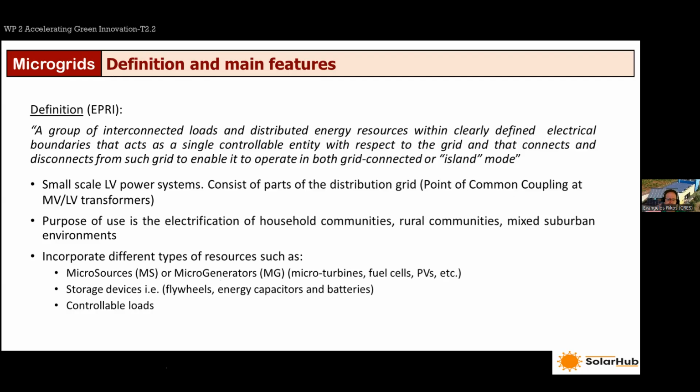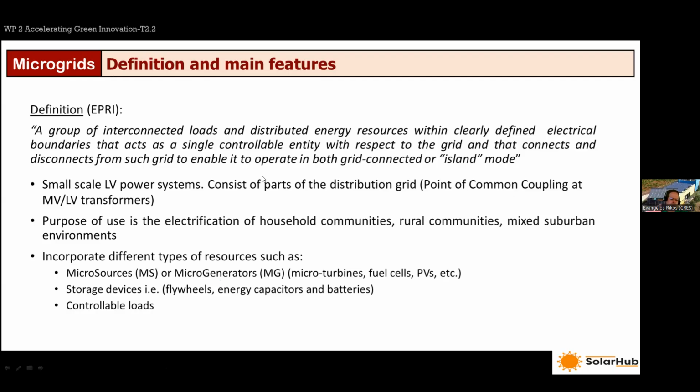And the microgrids have also this capability of going into island mode when necessary, separating themselves from the distribution grid in order to improve the reliability of the system and improve the quality of supply perhaps for the users.